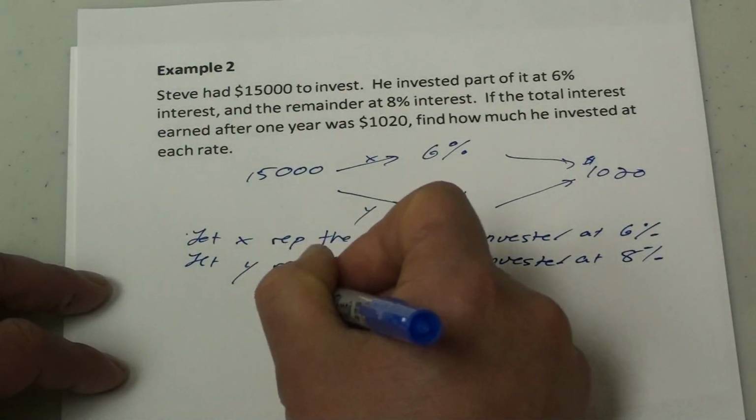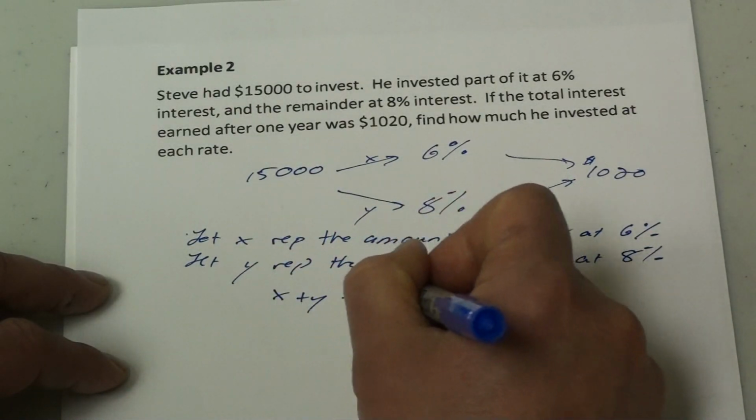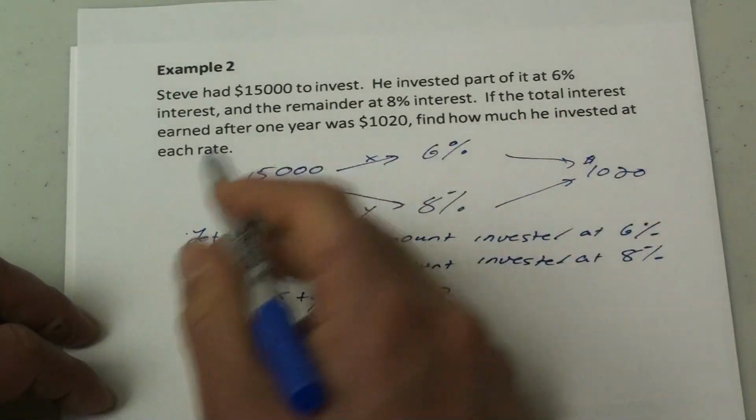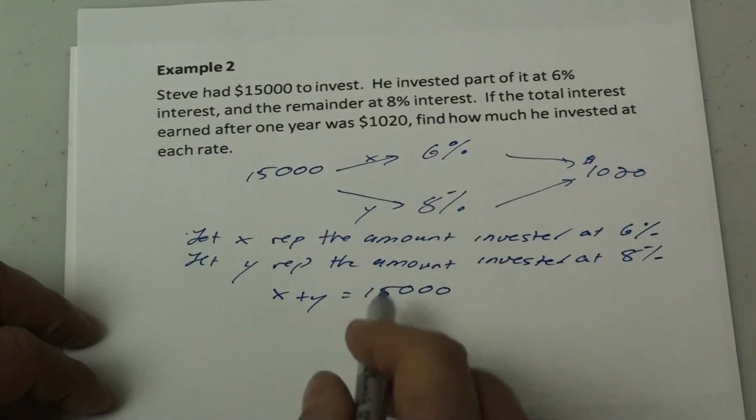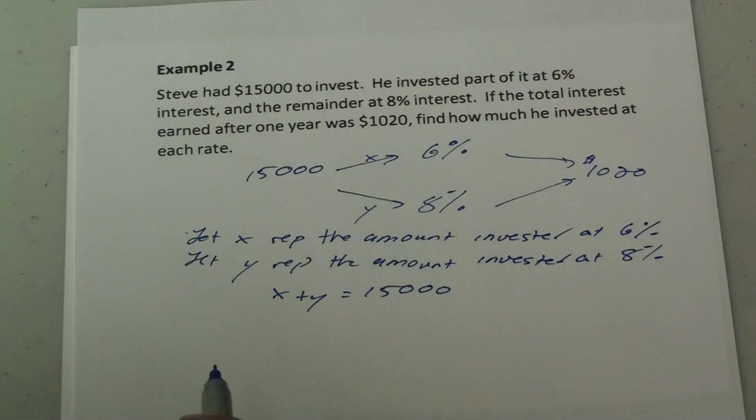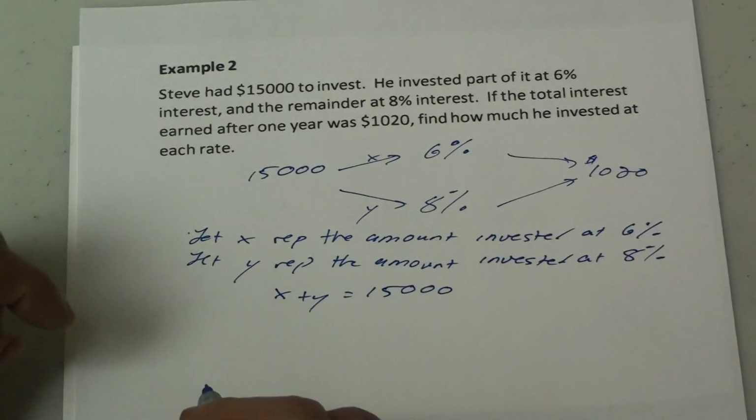And I know that x plus y is going to equal $15,000. The amount I put at 6% and the amount I put at 8% add up to $15,000. And then I know the interest earned is $1,020.